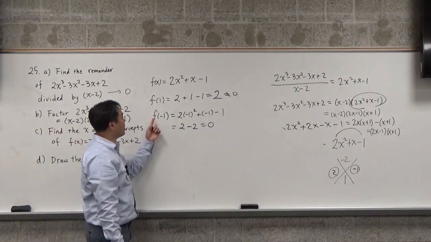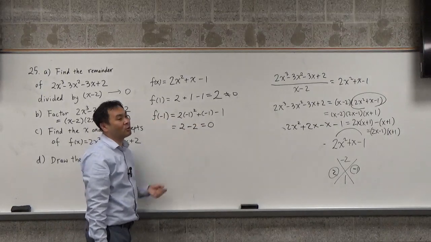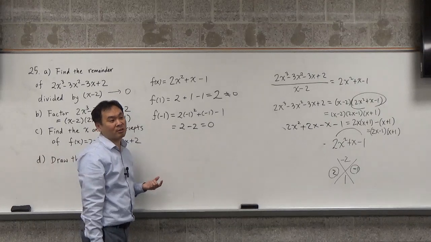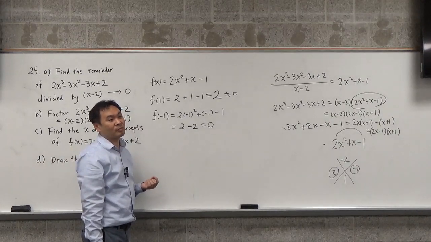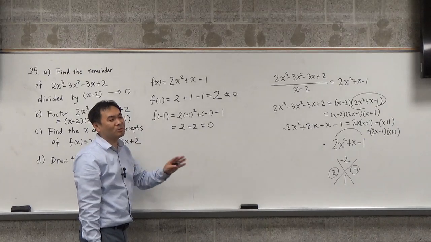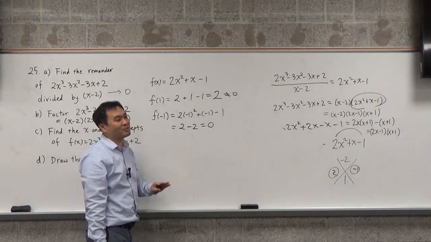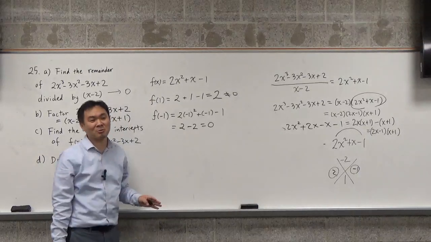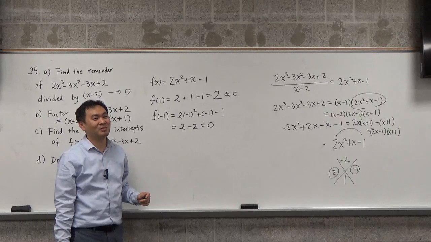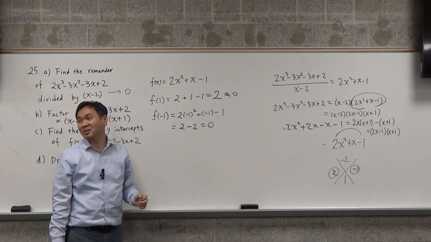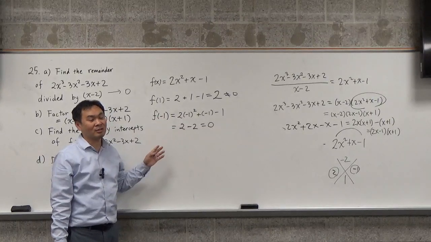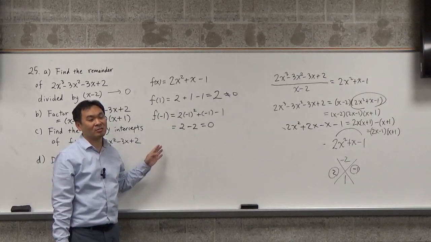If you have f of something equal to 0, we have something called the factor theorem. What does the factor theorem say? No, you keep talking about the factor property. You said that last time as well. What's the factor theorem? If f of something equals 0, then something is a factor.